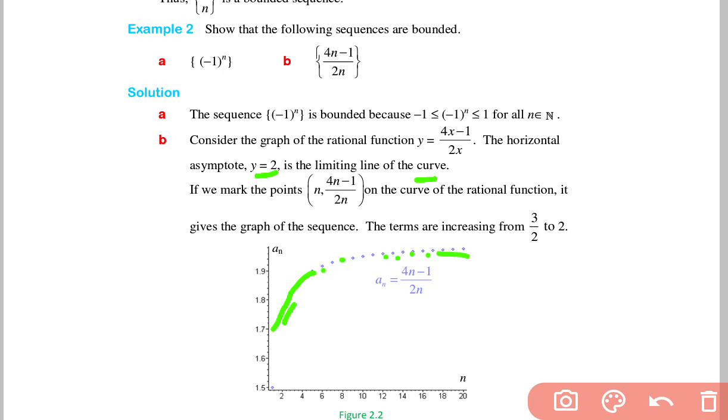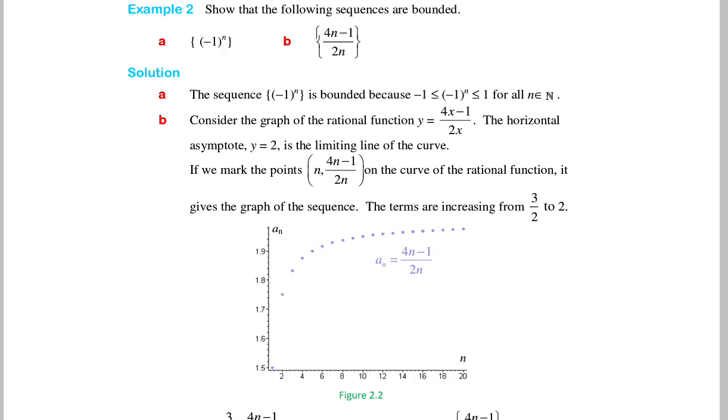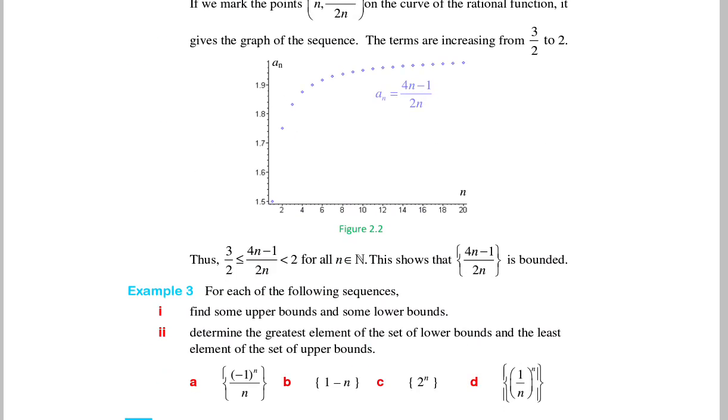Okay, let me see. 2 is excluded. This is the approach of 2, it is not 2. 1/3 is the lower bound.